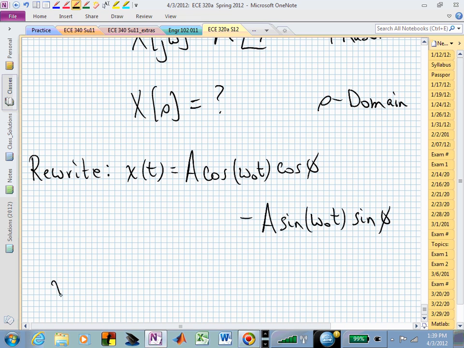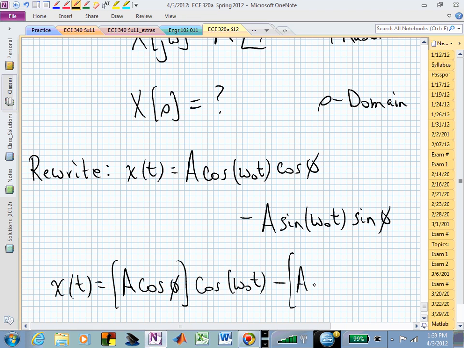And what we will do is simply collect this A cosine phi piece. That's just a number, cosine omega naught t, minus A sine phi sine omega naught t.